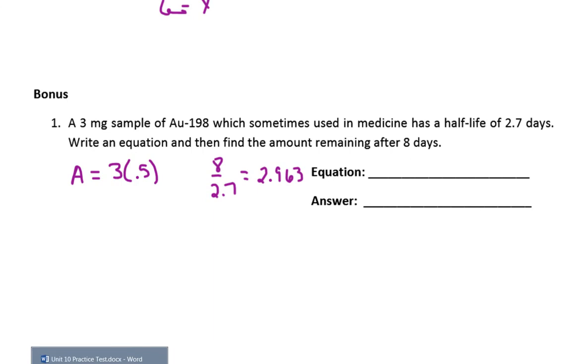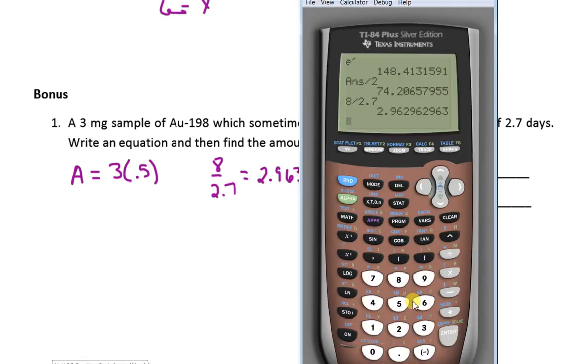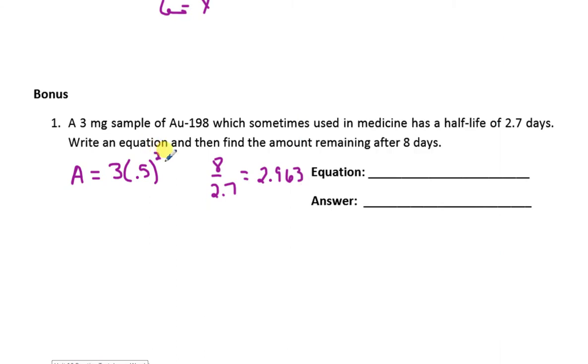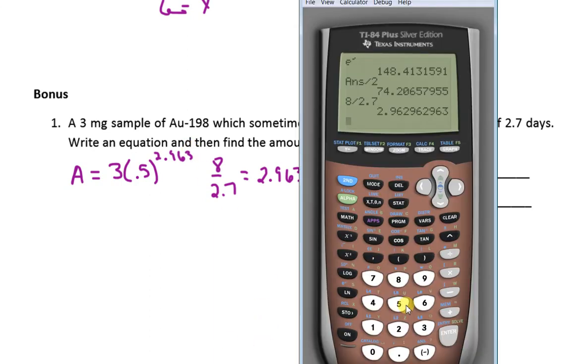And so if I do this, I can put 2.963 here. And I have 3 times 0.5, the decay factor, raised to the 2.963, which was my answer.